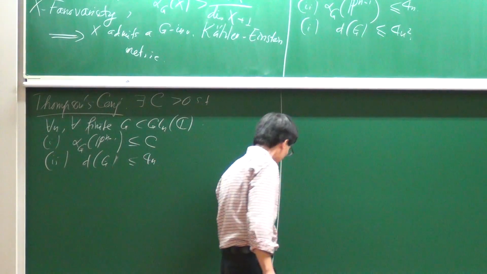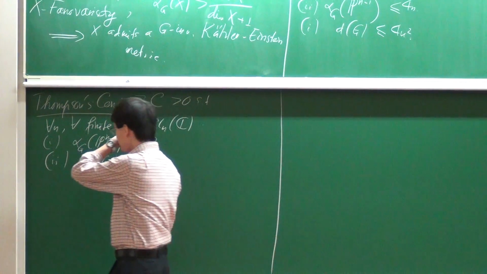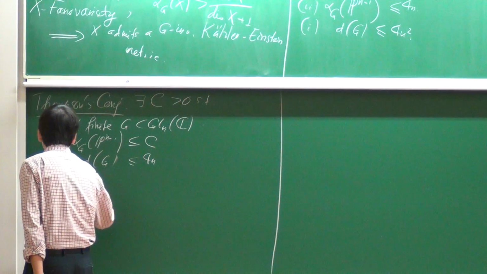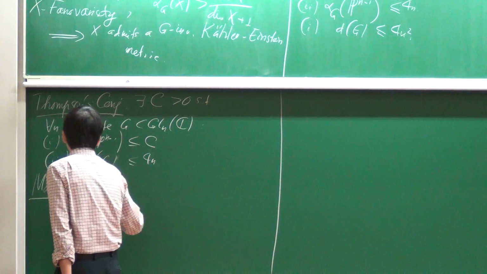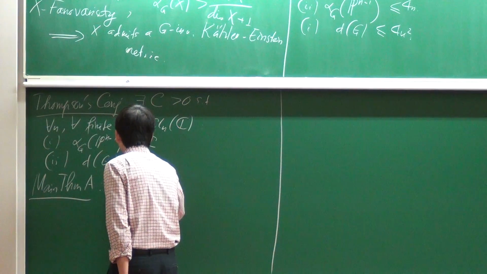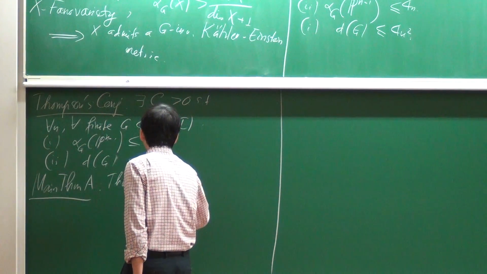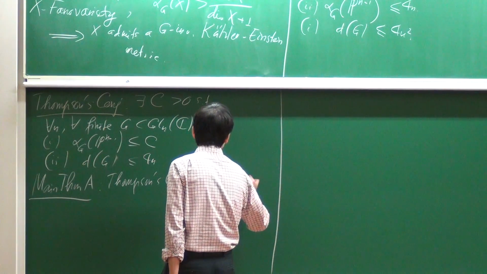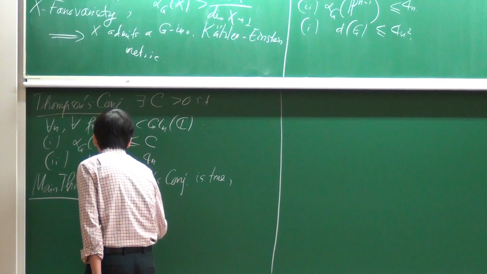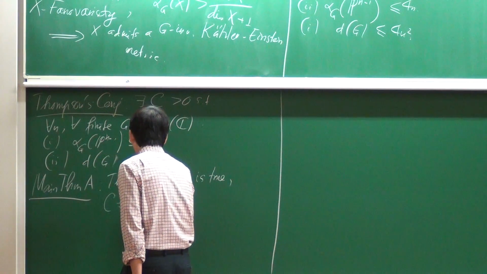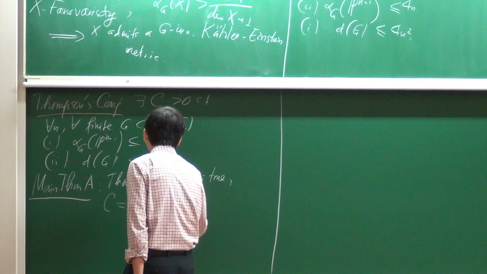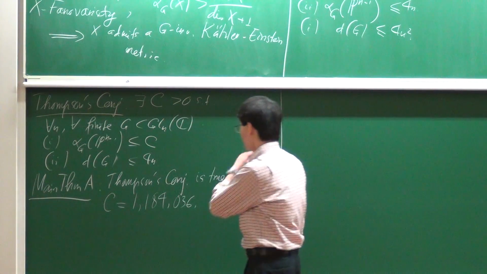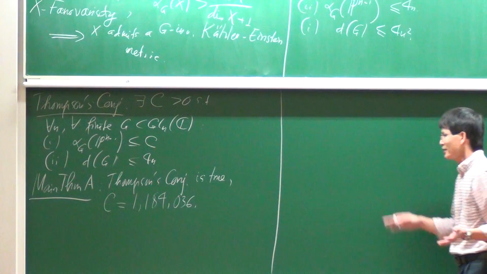Okay. So the first major result that I want to talk about today is that the Thompson conjecture holds for some C, and the C that I will take is something like maybe 1,184,036. Okay. Well, maybe, yeah, right.